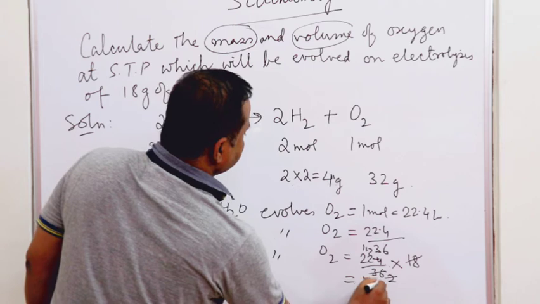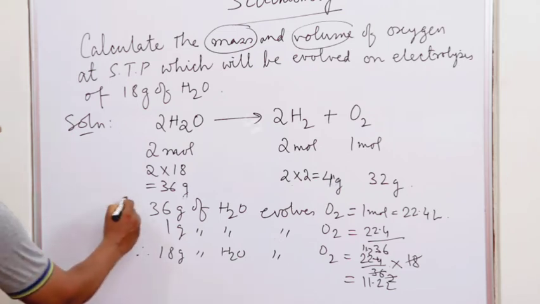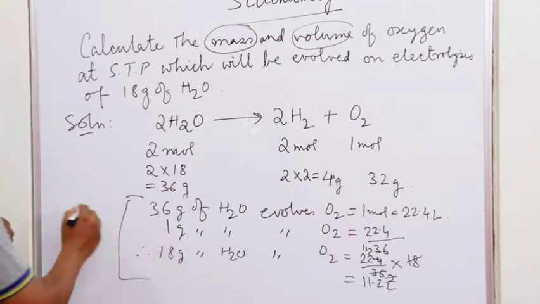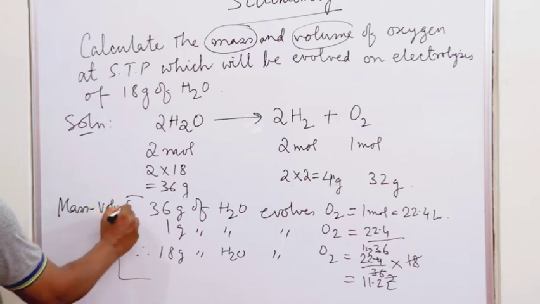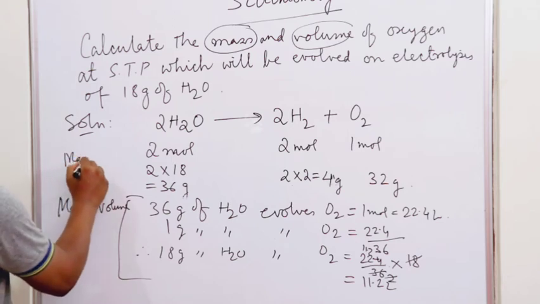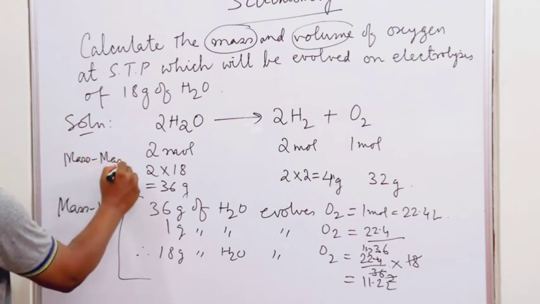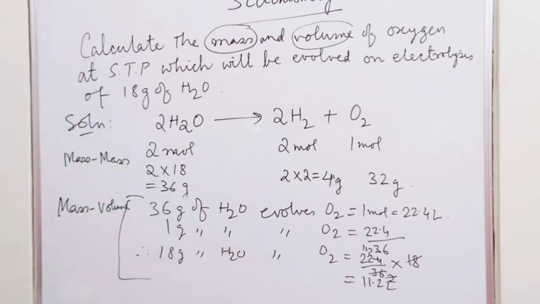So this is 11.2 liter. This is the answer. Here we have again used the unitary method, and here the relation is mass volume. In the earlier question, while calculating the mass, we used the mass relation. Okay, so this is the answer of this question.